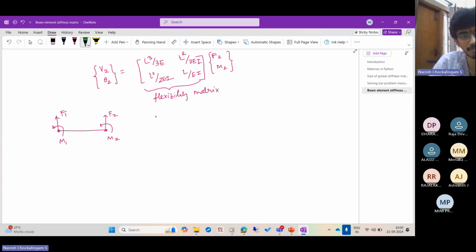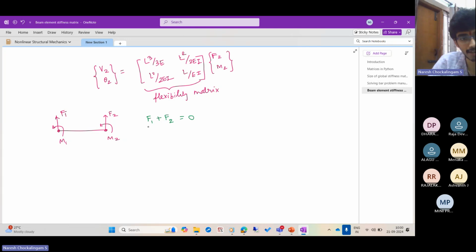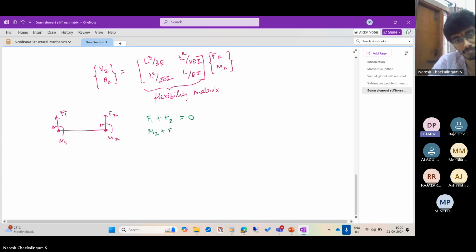So if it has to be in equilibrium, the net vertical forces should be 0. So F1 plus F2 should be equal to 0. And for moment equilibrium, suppose I take moments about the first node, what do I get? M2 plus F2 into L equal to M1.